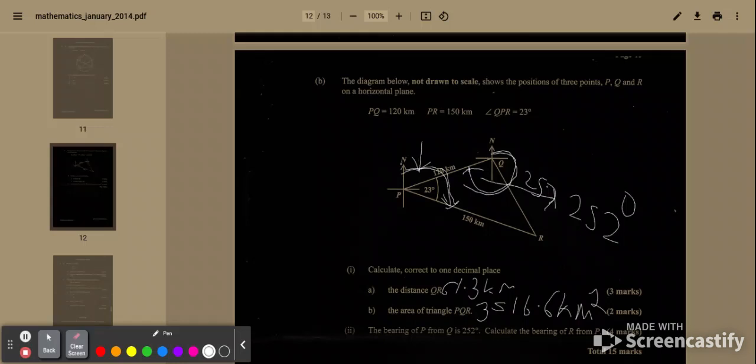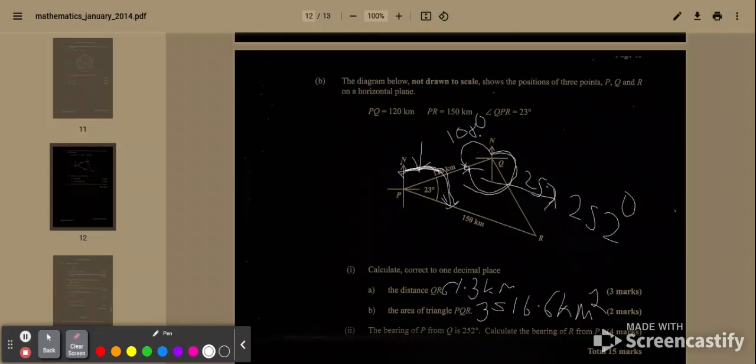We already know that this piece is 23 degrees, which makes up the end part of the angle. So we need to find this piece here. To do that, we can first find the angle that is here. There's a rule which states angles in a circle add up to 360 degrees. So if this is 252 degrees, we can simply take 252 from 360, which will leave us with 108 degrees.